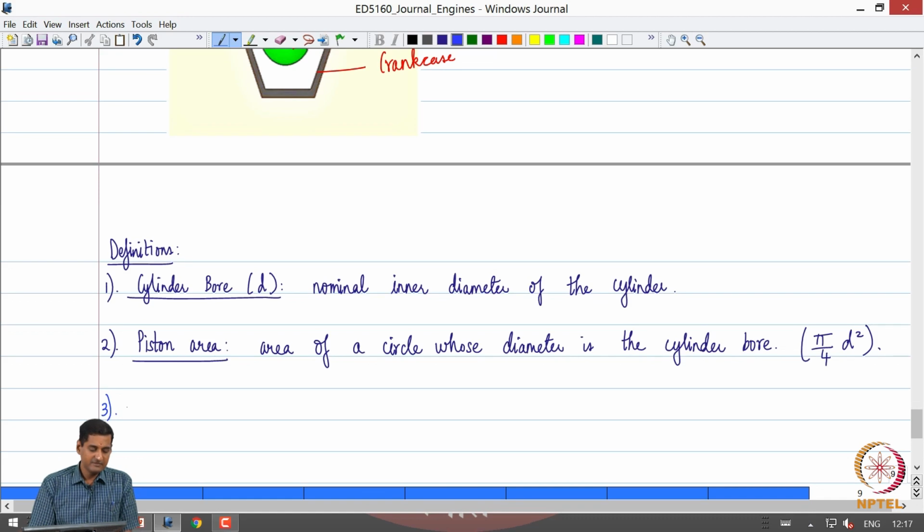The third term that we are going to look at is the stroke of the piston.